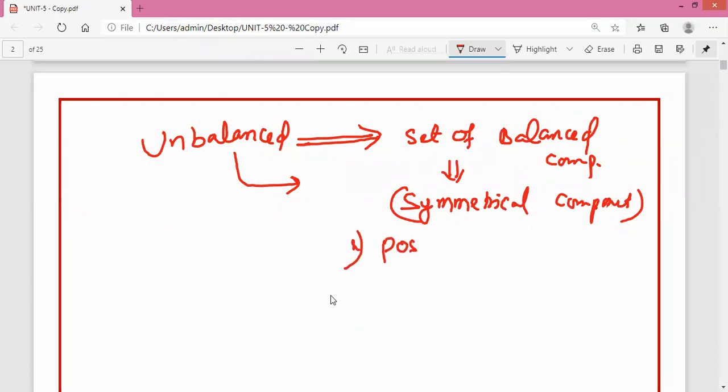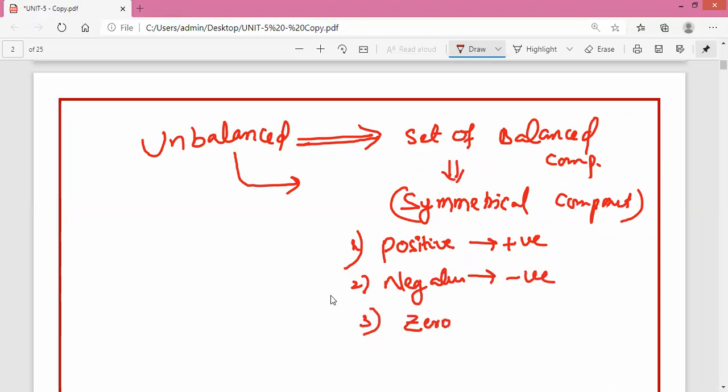So what are these sets of balanced components? Positive sequence components, negative sequence components, and the third one is zero sequence components.